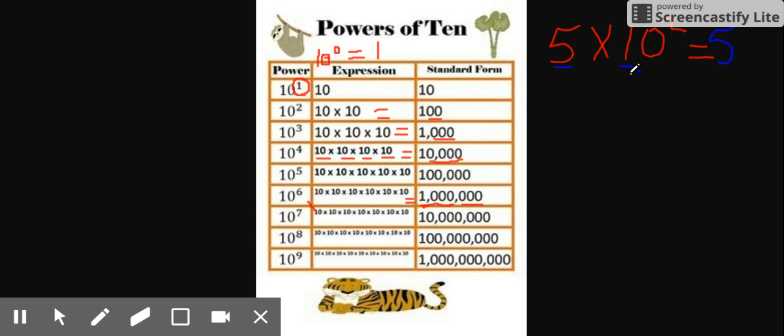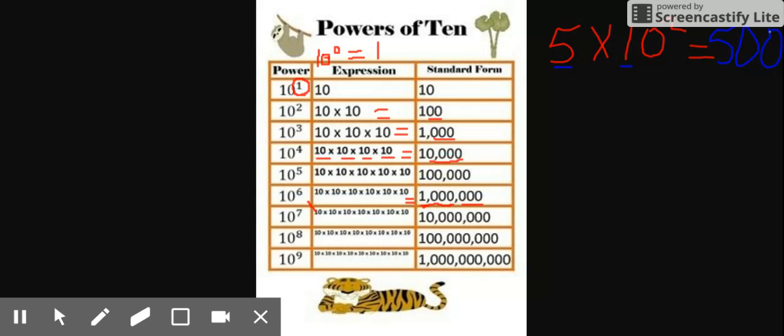So you take the 1 out of the 10, you multiply it by the number. So that's 5 times 1 is 5. And then how many zeros do you need after it? 2, because the exponent is 2. So I'm going to add 2 zeros. So 5 times 10 to the 2nd power equals 500, because 5 times 1 is 5 and 2 zeros after it is 500.